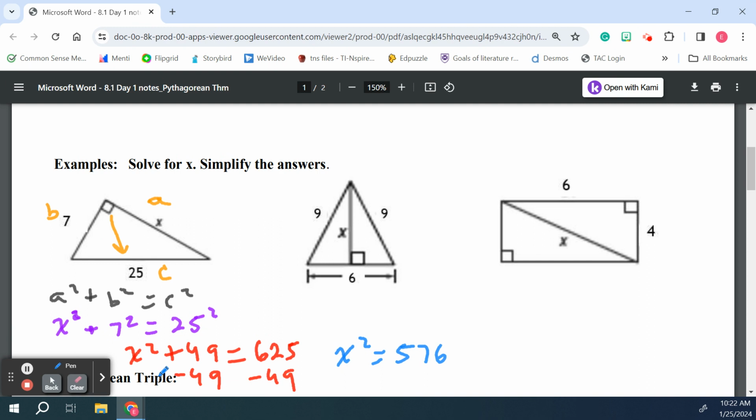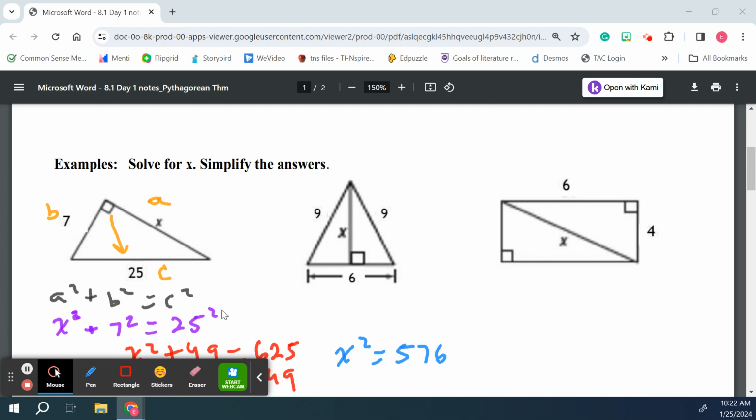Who can tell me what I do next after this? Devin, what do you think? So this is a square. How do I get rid of a square? Take a square, begins with an R. Square root, yeah.